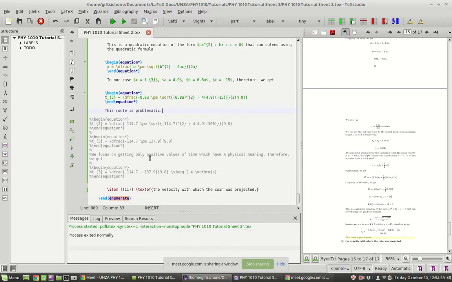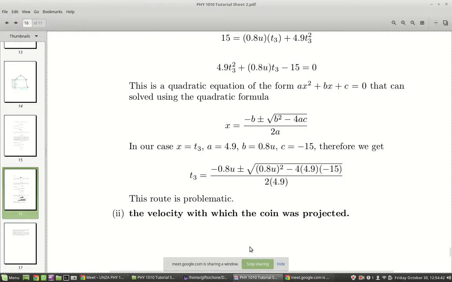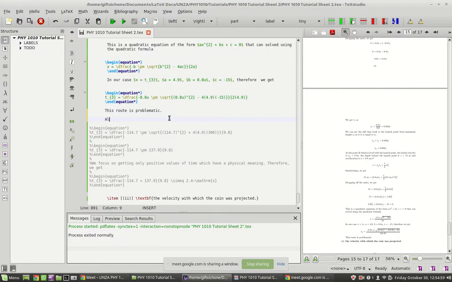So the next thing to do, in my opinion, is find the maximum height. Now we're going to find the maximum height using the following. Alternatively, we get the maximum height the coin rises to as follows.